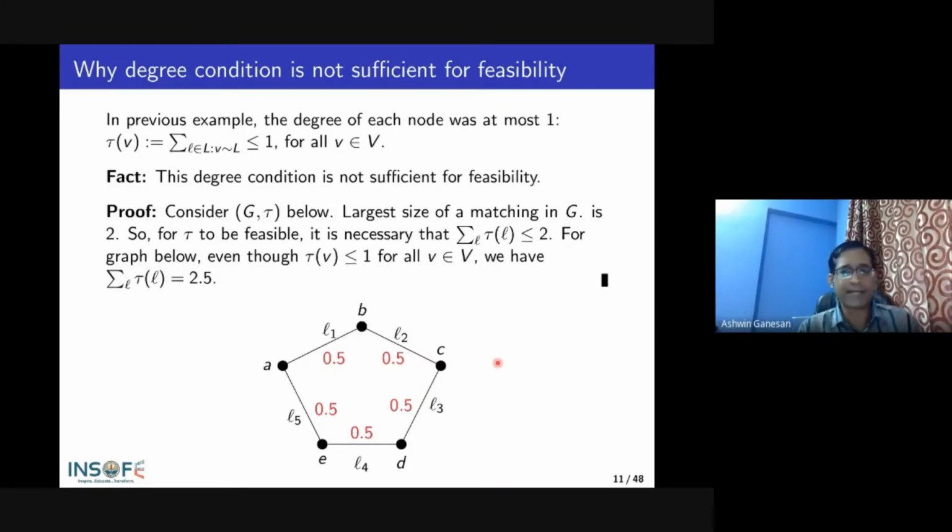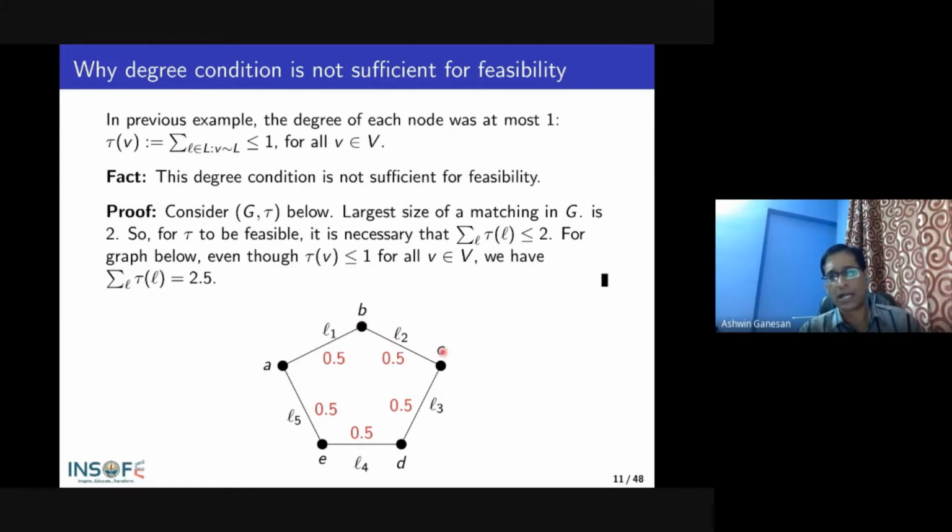So it turns out that it's not enough to just check. Here's an example where L1 wants to be active for 50% of the time, and L2 wants to be active for 50% of the time. Under the primary interference model, where the conflict graph is the line graph of the network graph, L1 and L2 interfere with each other.